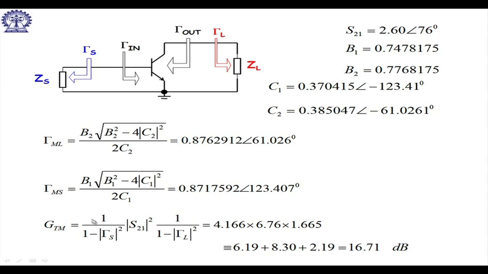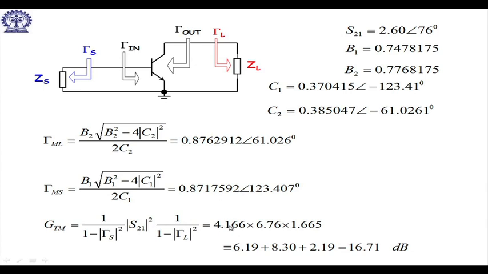So, you see the first part, that means the input part, the proper choice of gamma S gives us a gain of roughly 4. Then the S21 part, that means the device itself alone, gives us a gain of 6.7, roughly 7, and this one 1.6. So, if we did not do conjugate matching, if we did simple matching, we could not have extracted these two parts.